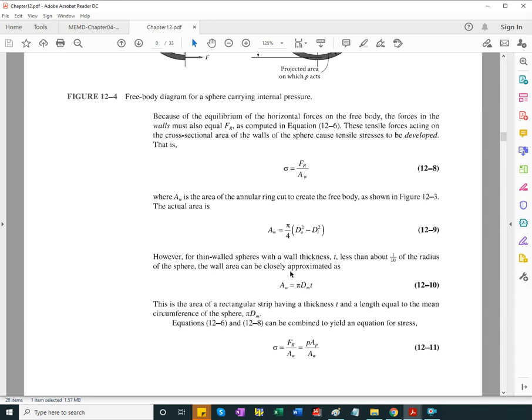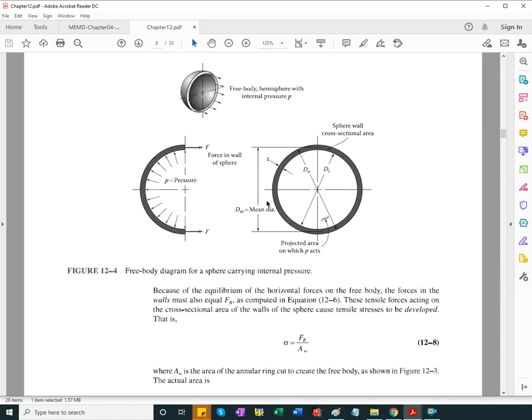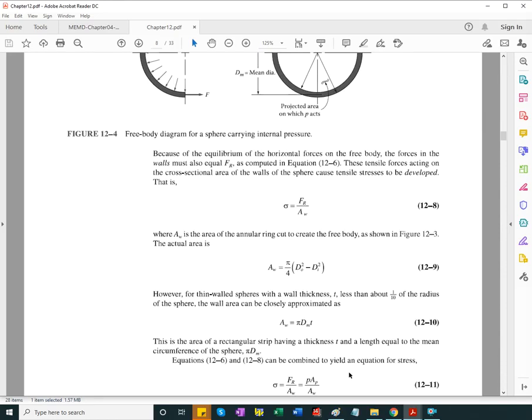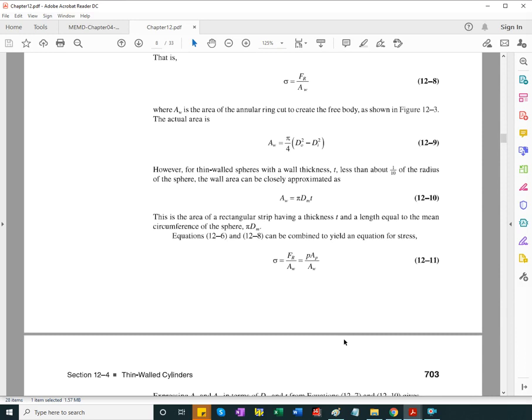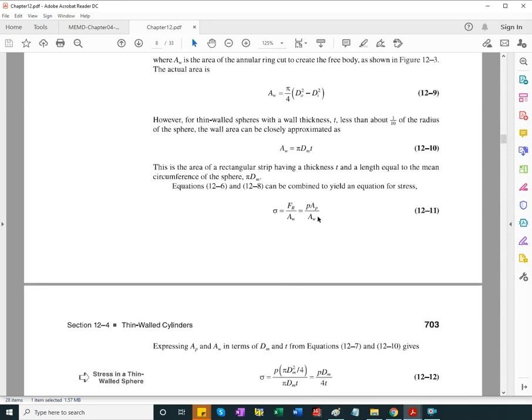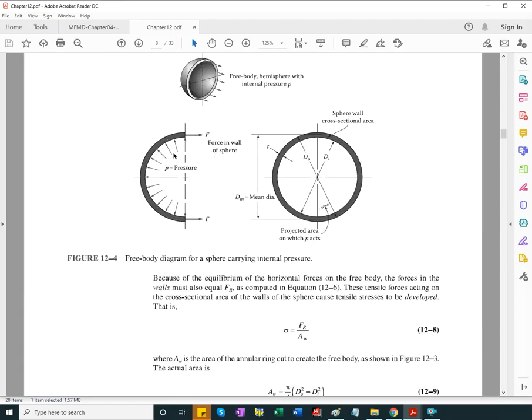And this is what I said directly. It's one of the Pappus-Guldinus theorems, and I stated this first. So you take the mean circumference and multiply by thickness, and that gets you the area of the annulus. Okay, so what is the resultant force caused by the pressure?